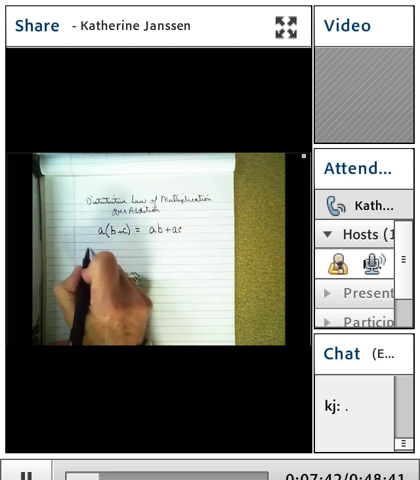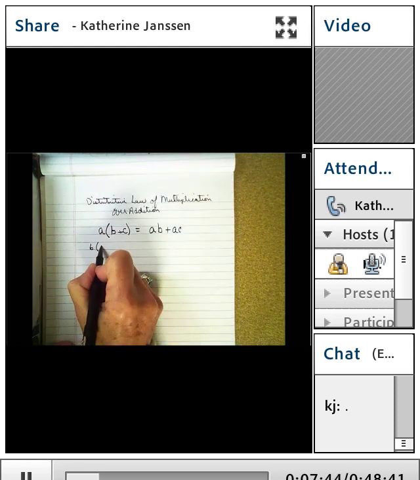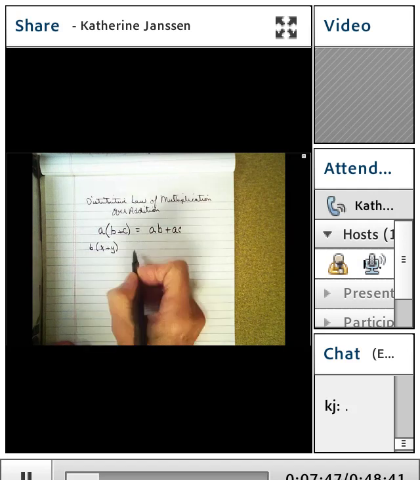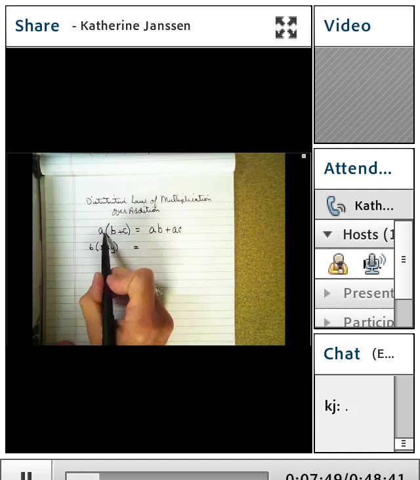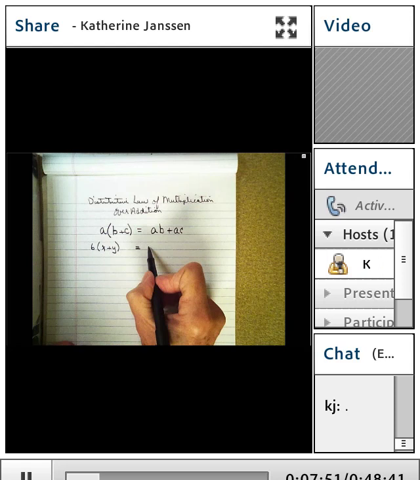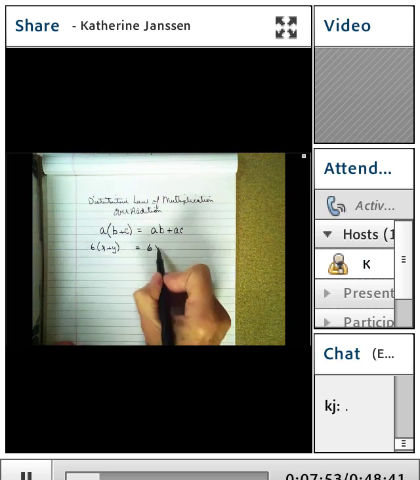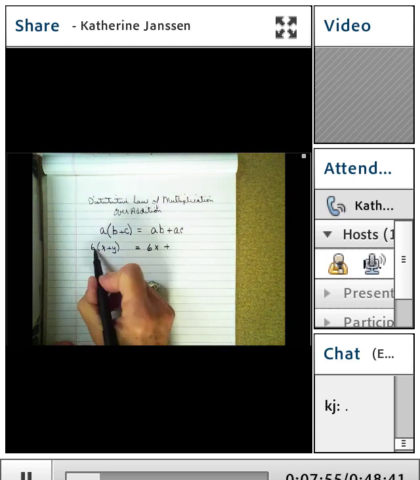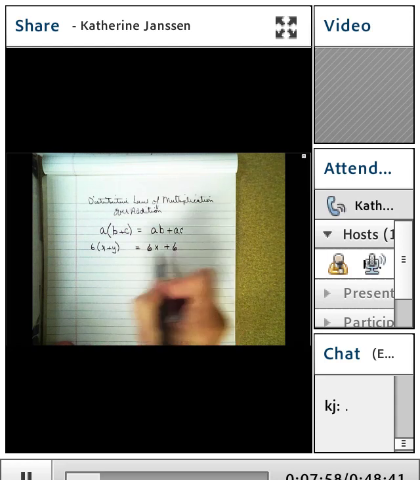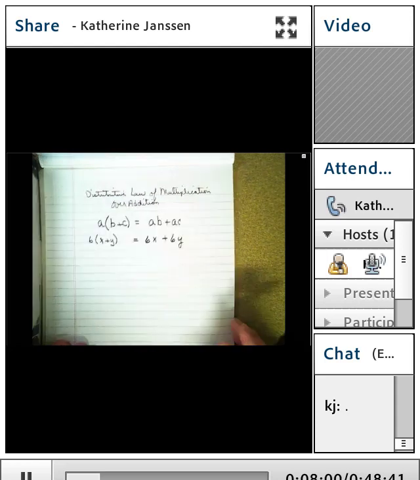So if I have 6 times the quantity X plus Y, that's equal to, well, 6 is in the A position, so 6. B is X, and C is Y. So 6X plus 6Y.